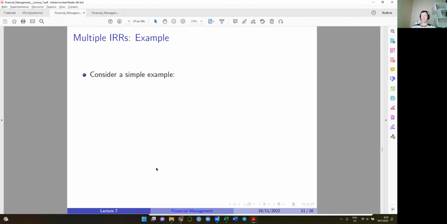And let's consider an example. The initial outflow is minus 1.6 million rubles, let's say. Cash flow in the first year is 10, so we have some return. And then again, an outflow in the second year, minus 10.